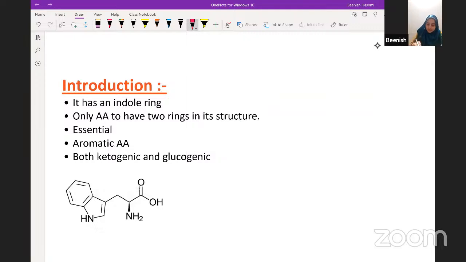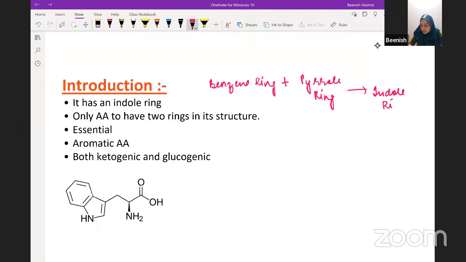Your indole ring consists of a benzene ring fused with a pyrrole ring. So they together form an indole ring. Now, what is a pyrrole ring?